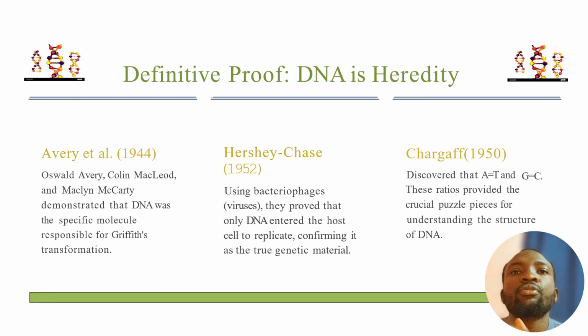Next is the definitive proof that DNA is hereditary. I had three sources here. One showed that DNA was a specific molecule responsible for the Griffith transformation, which is that experiment we just looked at about the mouse. Then we had another talking about DNA entering the host cell to replicate, confirming it as the true genetic material.